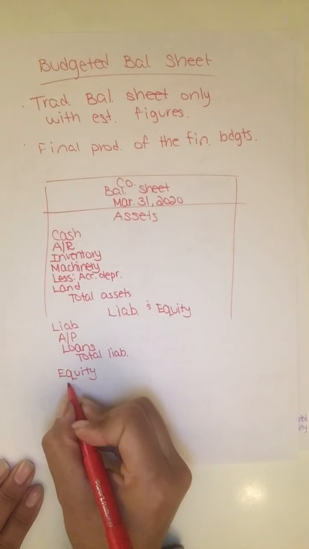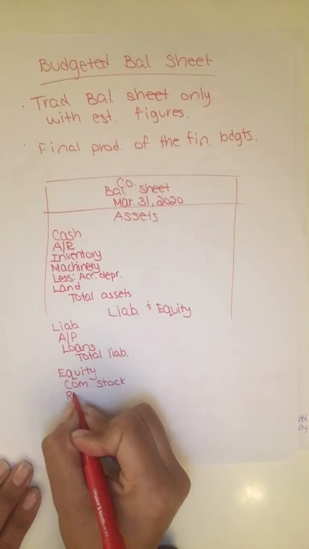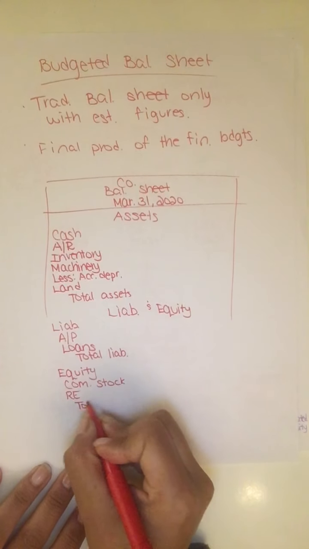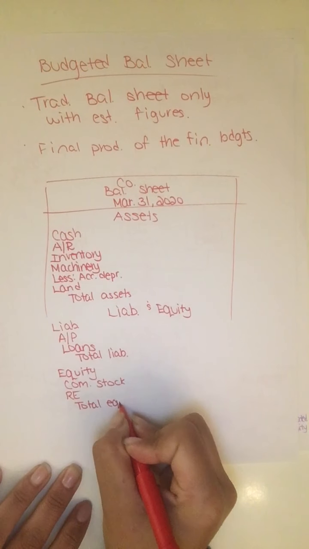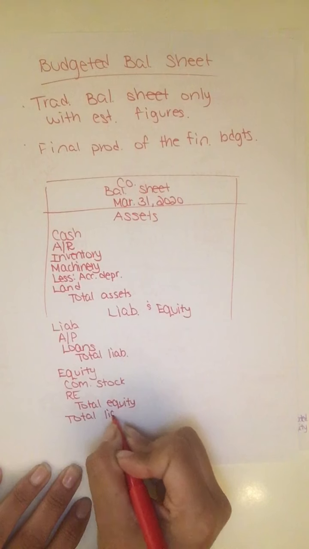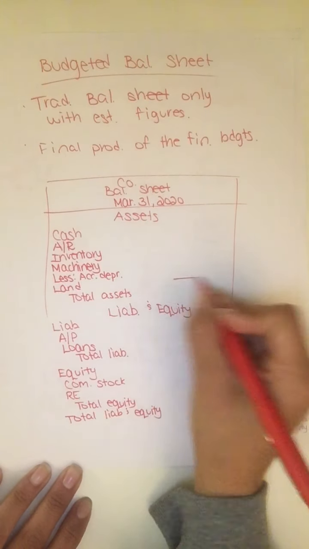Stockholders' equity we know is made up of common stock and retained earnings. There, isn't that beautiful? It brings back all those memories from Accounting 1A. Total equity, and then total liabilities and equity, and it should of course equal our total assets from up here.